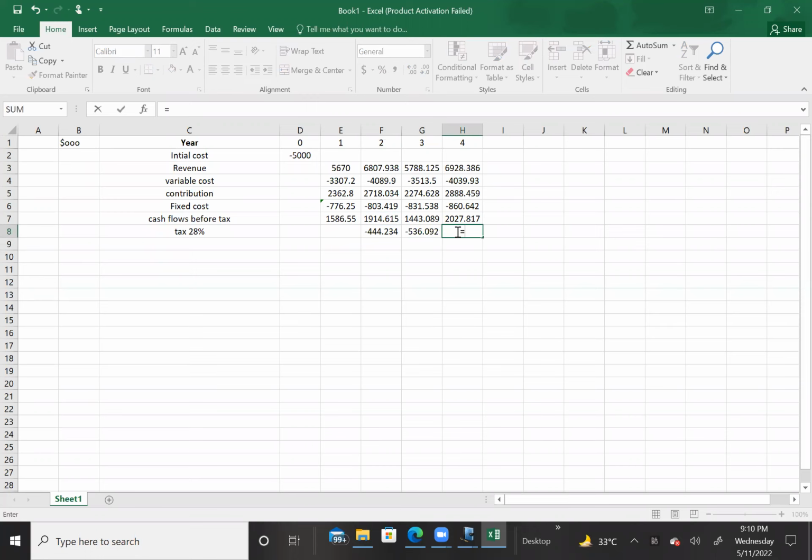And the tax of year 3 will be paid in year 4. And the tax of year 4 will be paid in year 5.